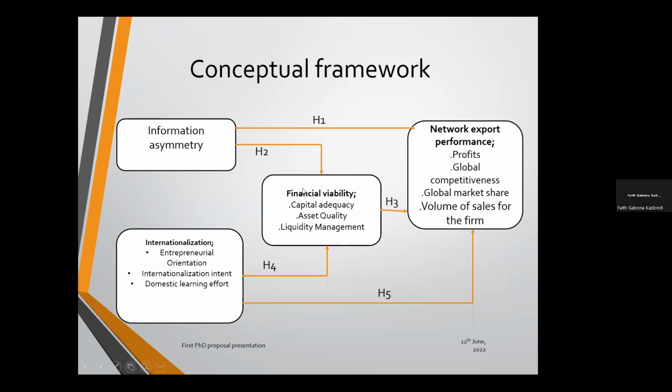The variables within were obtained from measurable scales. The profits, global competitiveness, global market share, and the volume of assets of the farm are indicators of overall network export performance. Even for financial viability, capital adequacy, asset quality, and liquidity management were obtained from existing measurable scales, even internationalization.